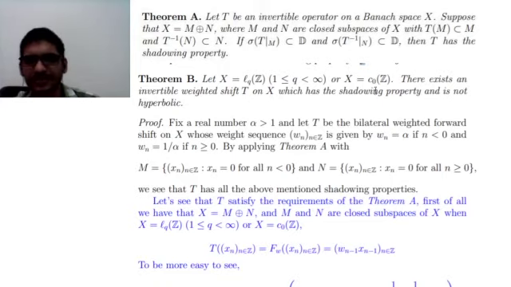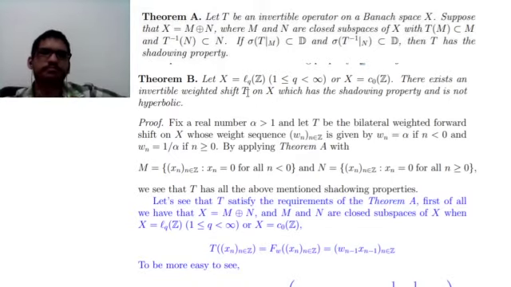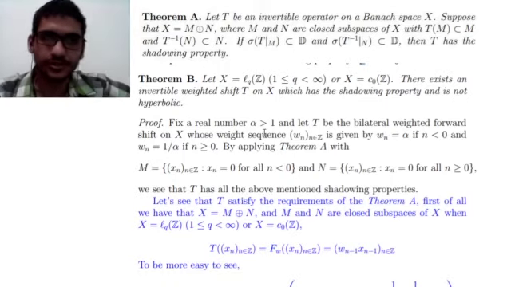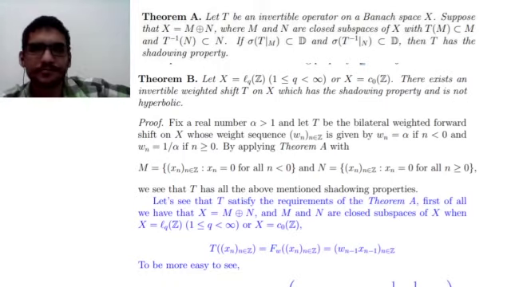There exists an invertible weighted shift T on X which has the shadowing property and is not hyperbolic. Well, we are going to show that there is an operator T in a space like that which satisfies the conditions of Theorem A that you are seeing here.